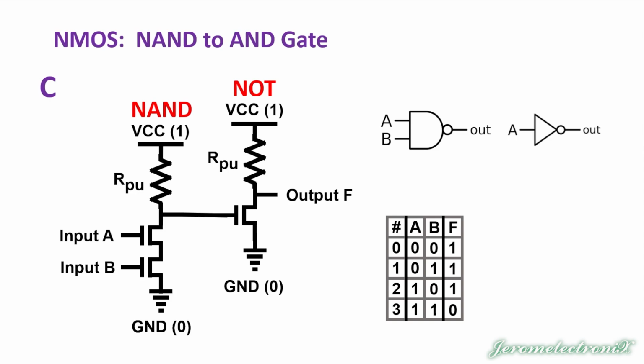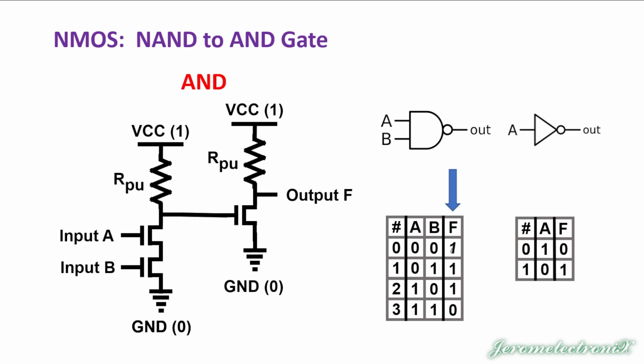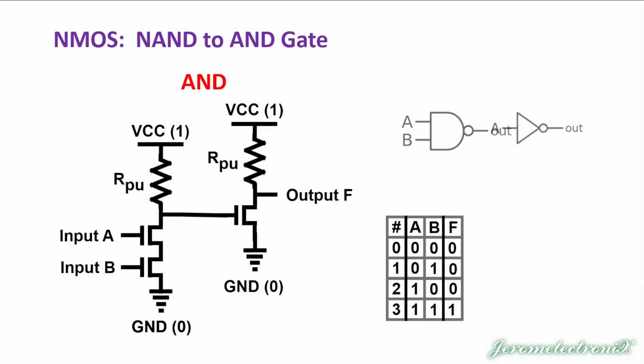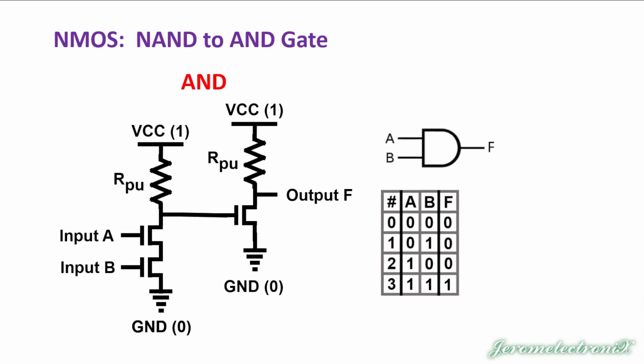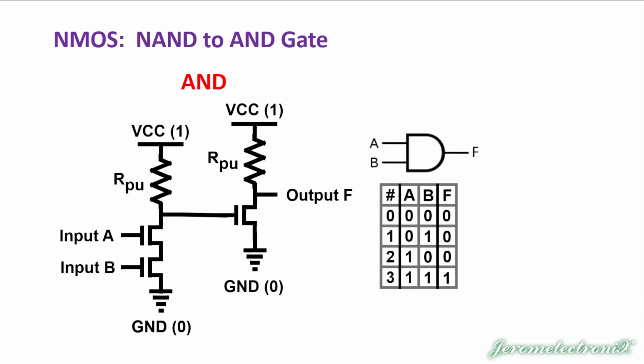Okay, so we're putting a NOT gate on the outside of the NAND gate, and then we're combining them, and that actually inverts all of the outputs for the NAND gate, and now the truth table is an AND gate truth table. Combining the 2 gates eliminates the bubbles, as we learned when we talked about bubble pushing. And so this configuration of transistors, NMOS transistors, are pull-ups. This configuration is an AND gate.